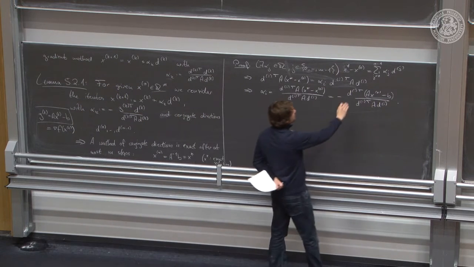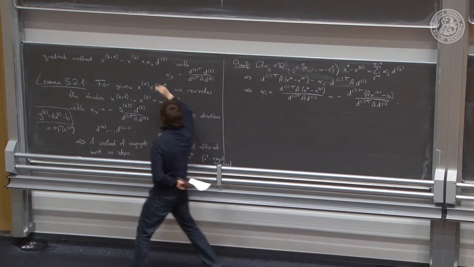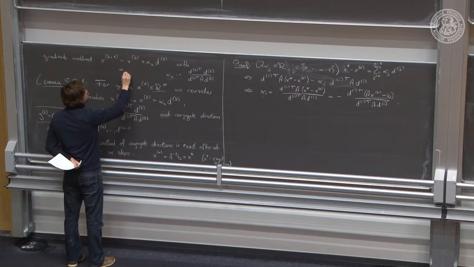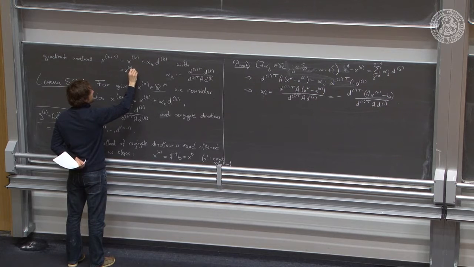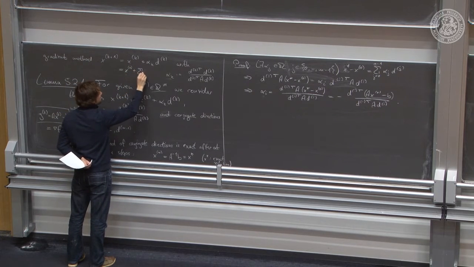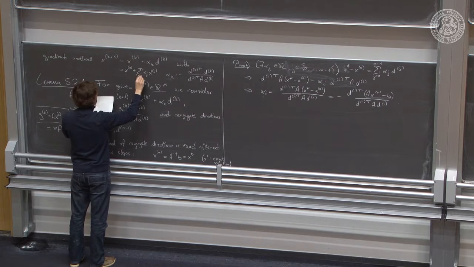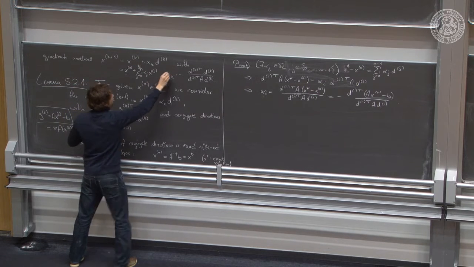And then you see that our iterate can also be rewritten as the initial vector plus the sum of alpha_j d_j from j equals 0 to k.